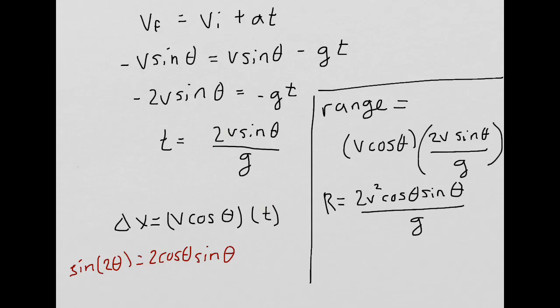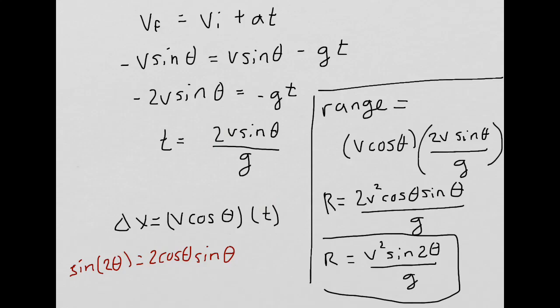So it's just a trig identity that you might know from math at this point. If you don't know that, that's okay. Just follow along as I plug it in. So I get that range equals v squared sine of 2 theta over gravity.